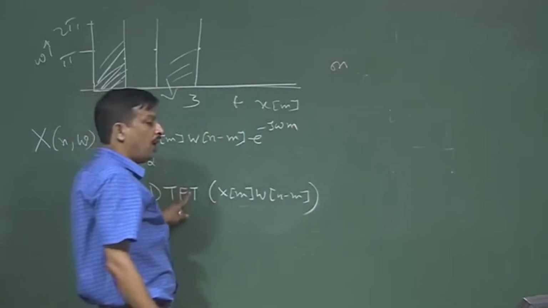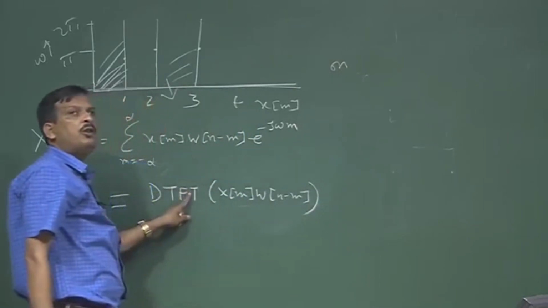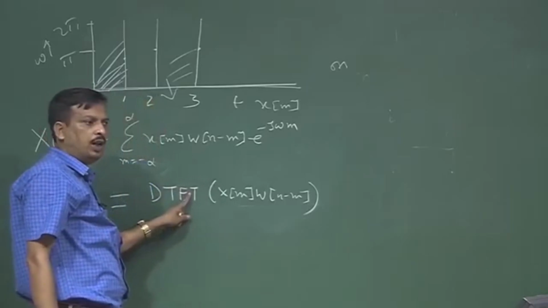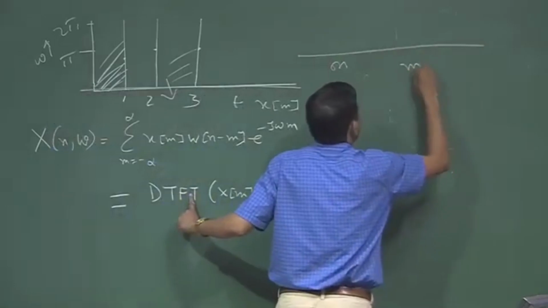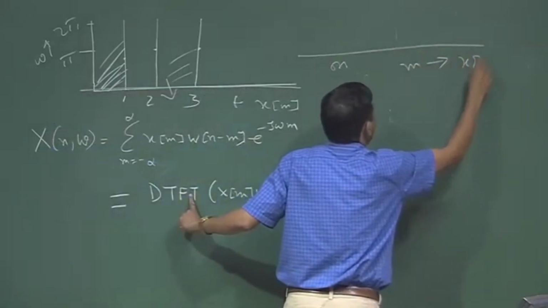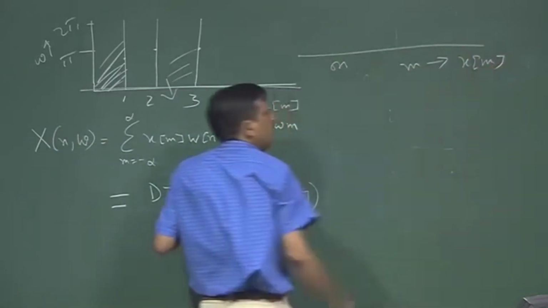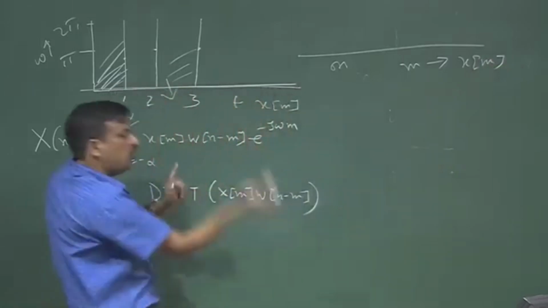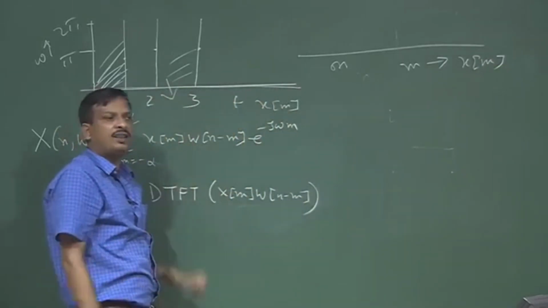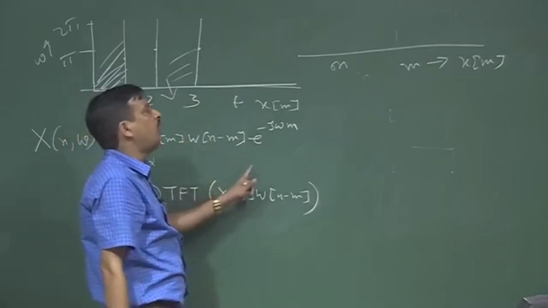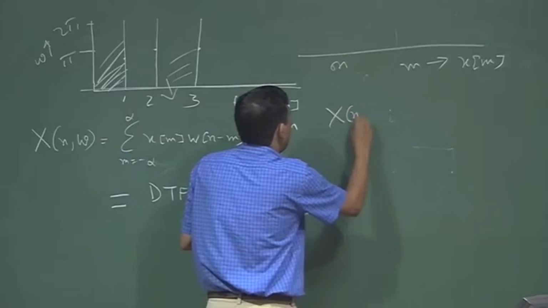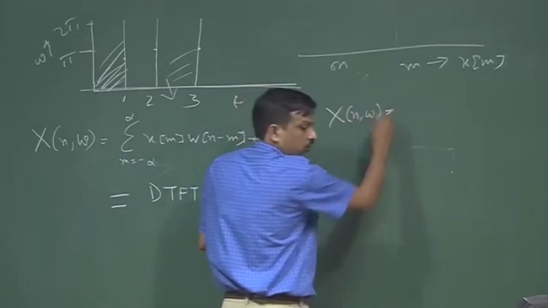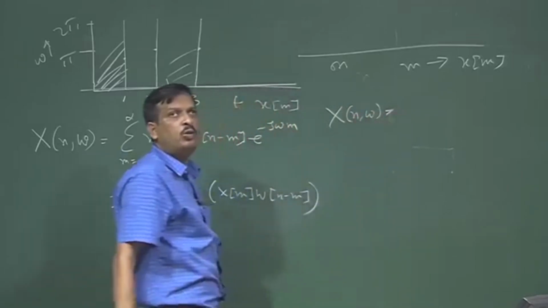If it is this one, then I say the time origin is with the signal, because m varies over an infinite series and x m is infinite. So the time origin is with the signal itself, and the window is clamped back to cut the signal. Now, if the time origin is tied with the window, then I can write x n omega equal to the following, with the time origin with the window.